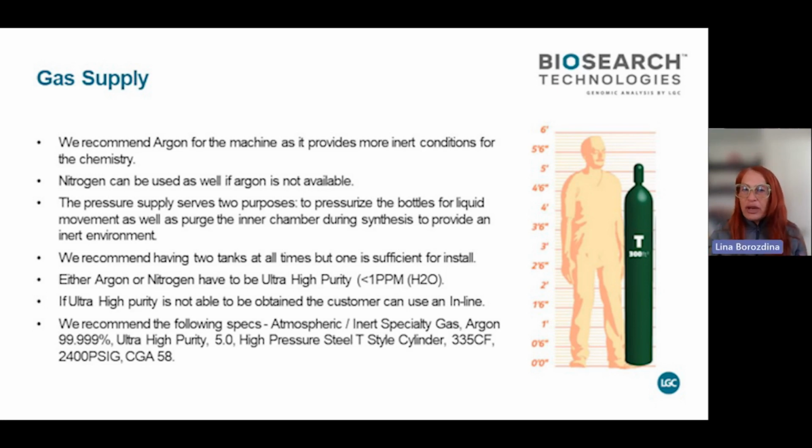So pretty much all the reagents, gas, and conditions should be as close to anhydrous as possible. Hence, we recommend the ultra high purity. The reason is the gas pressurizes all your reagents, and if there's a lot of water in it, it would permeate into your solution, and your solution of the amidites and reagents would not last a very long time on the instrument.